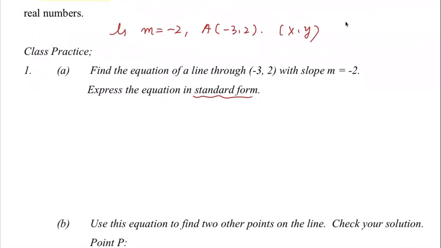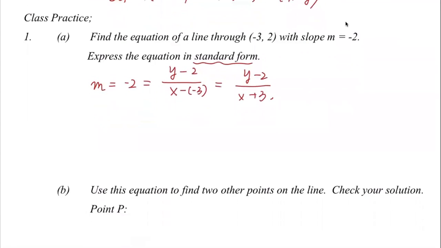So now we know m = -2, and this can be expressed as (y - 2)/(x - (-3)), because there's a minus sign here already. So this is equal to (y - 2)/(x + 3). And now we just do some algebraic manipulation.